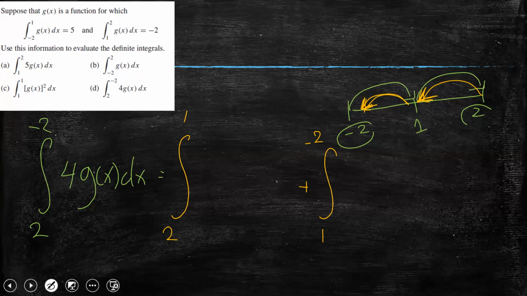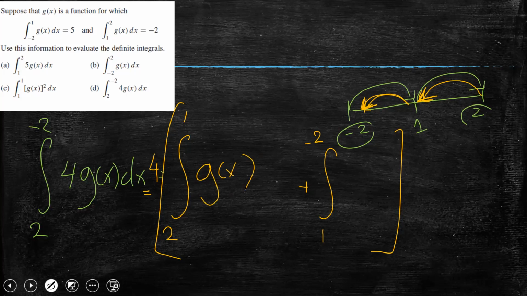Then they are multiplied by 4. Now, from 2 to 1, where is it? Here I have from 1 to 2. If integration from 1 to 2 is -2, then from 2 to 1 it will be +2, the opposite of this integration.